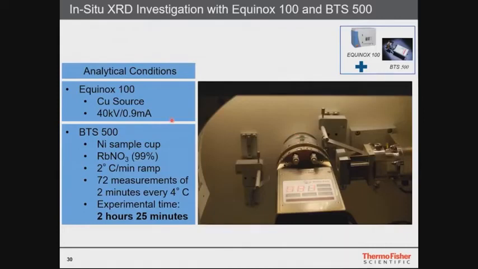We're using a copper source and a nickel sample cup. And we are using a measurement program where we do 72 measurements of 2 minutes every 4 degrees centigrade. The experimental time is something like 2.5 hours. So it's quite quick and quite convenient to do.